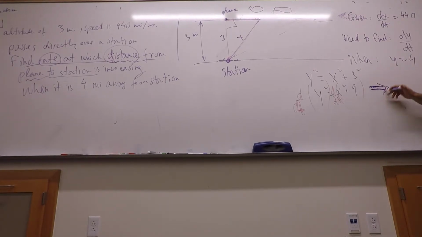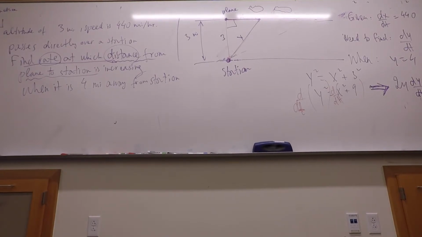With implicit differentiation, what do we get on the left side? 2y dy dt, you said? Equals 2x dx dt. And then what else? That's it, the 3 squared is 0. So what do we already have? This one we need to find.